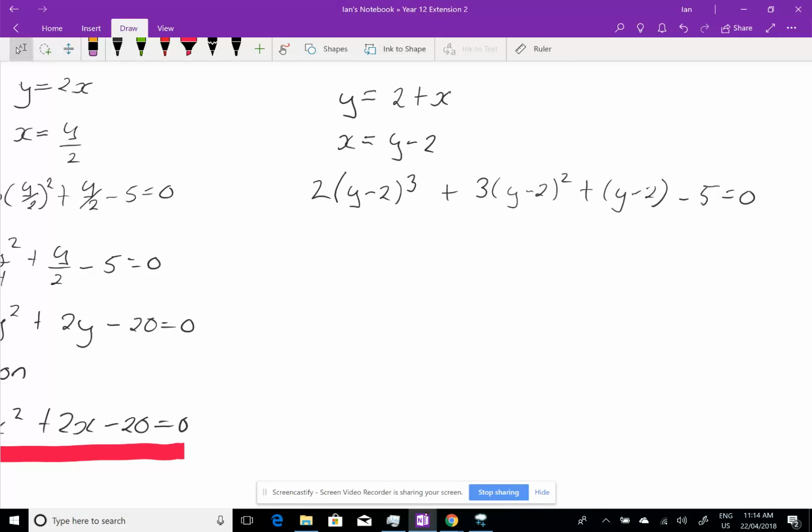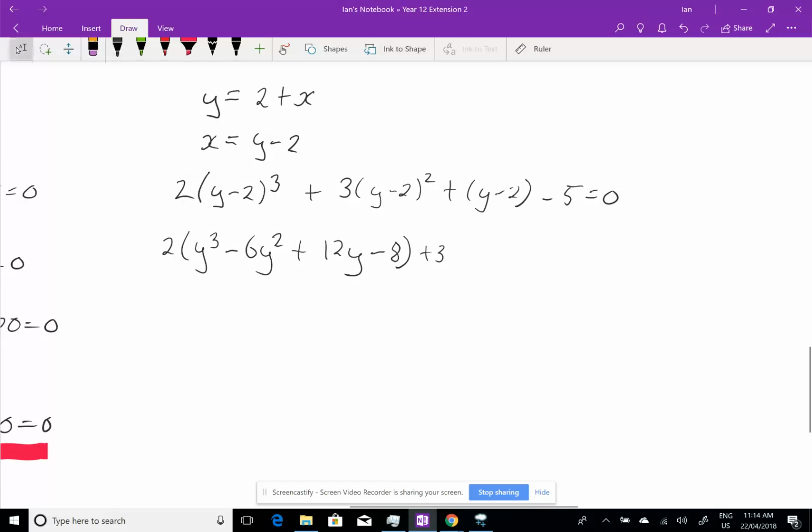So 2y cubed minus 3 times that, 6y squared, plus 3 times that squared. So it's going to be 3 times 4, so it's going to be 12y, minus the last thing cubed. It's going to be 8, plus 3 outside of y minus 2 squared.